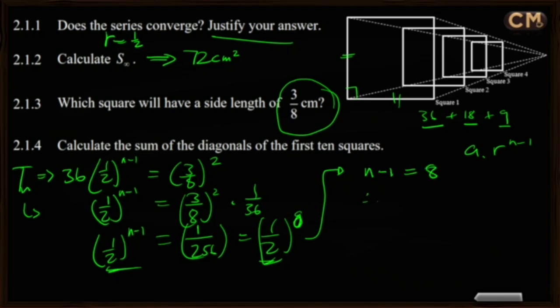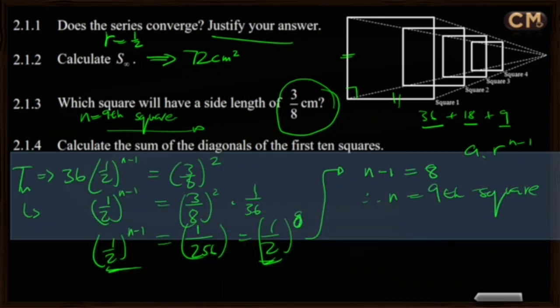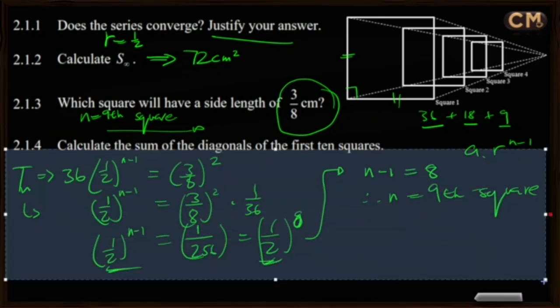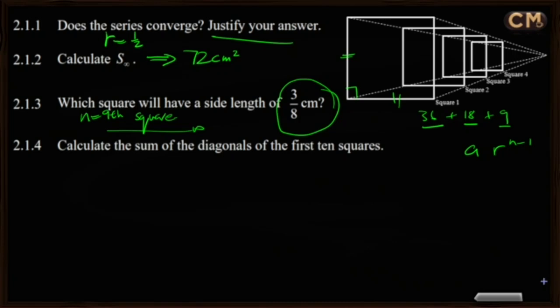Therefore n is equal to 9, the 9th square. So let's clean up once more so we can have our space back. And that's efficient. Calculate the sum of the diagonals of the first 10 squares.